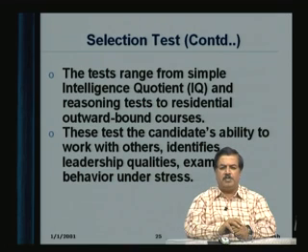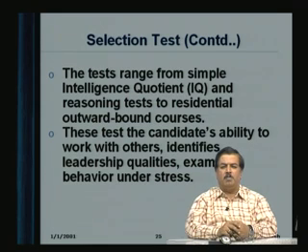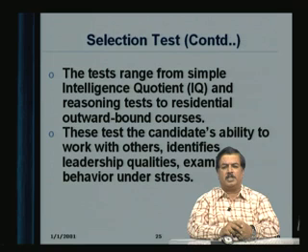The tests range from simple intelligence quotient IQ tests or reasoning tests to a kind of residential outbound or outward bound courses, where people can be observed not only during the course but also during informal settings and informal interactions.